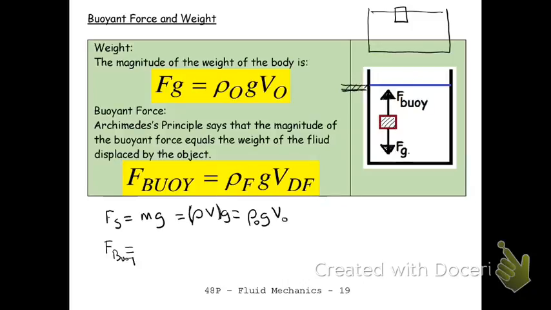It doesn't want to be higher. That water does not want to be on the surface, so it's going to try and push the block out. So this is going to be the density of the fluid times g times the volume of the displaced fluid.